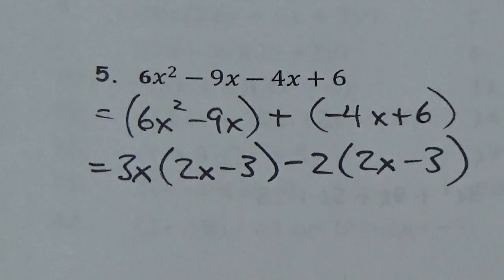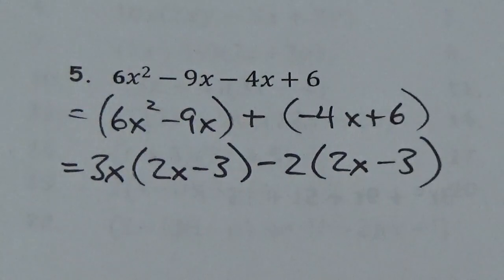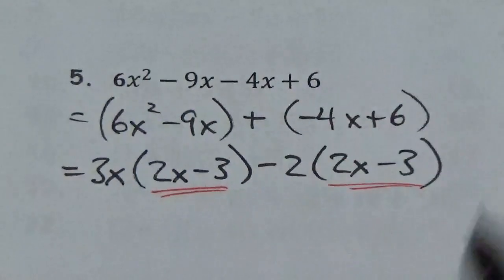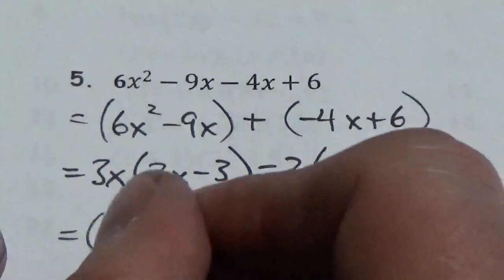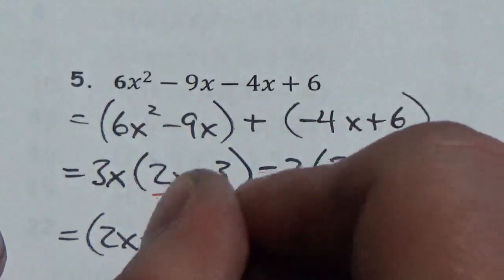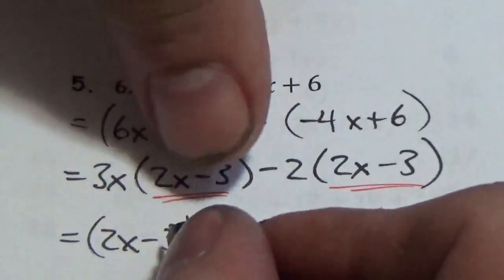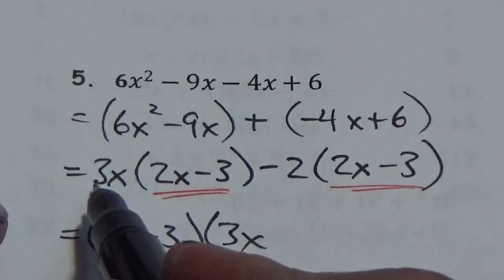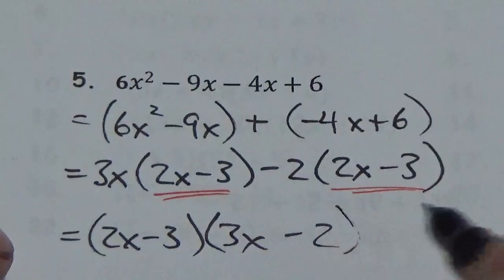If you just focus on these little details that make these things prettier and easier to look at, by putting them in the right order and taking out the negative, you do yourself a huge favor, because now that 2x minus 3 just presents itself. So I can factor out that common 2x minus 3 that I'm seeing in both terms. That has been distributed to a 3x. So 2x minus 3 multiplied by that 3x, and then that 2x minus 3 multiplied by that negative 2.